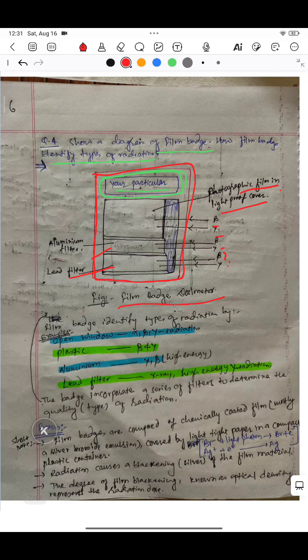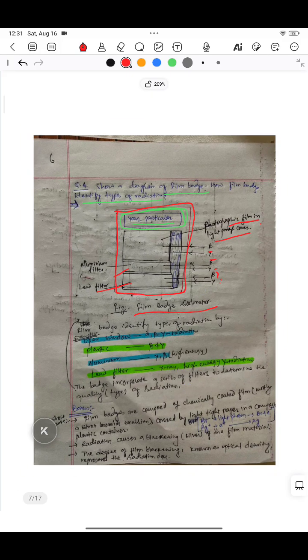And how can we identify the radiation? So there are layers.